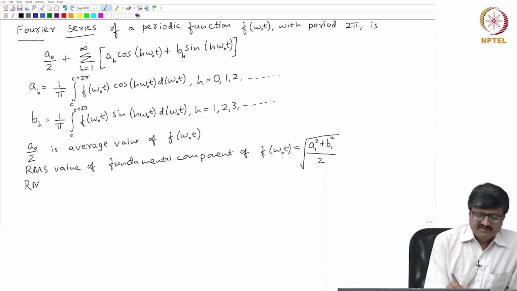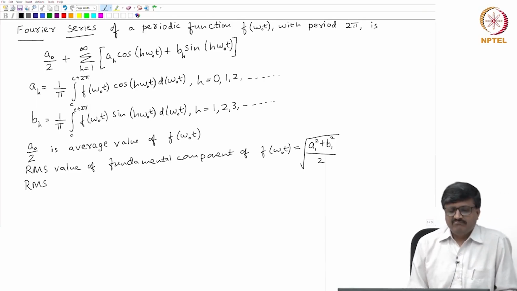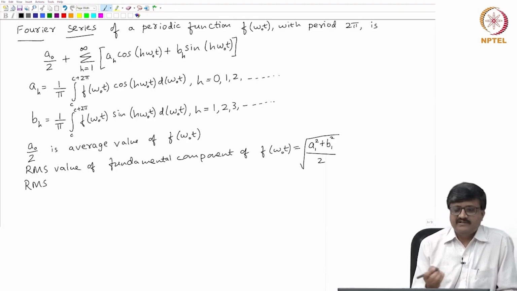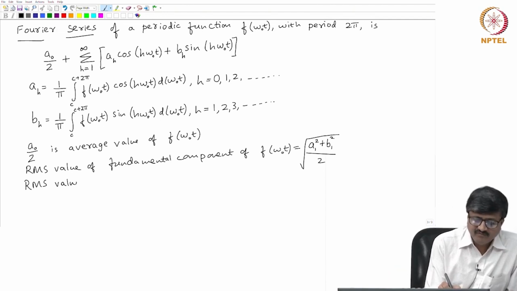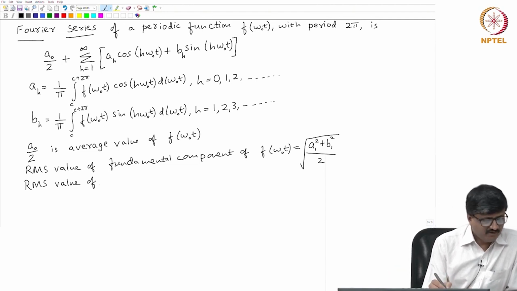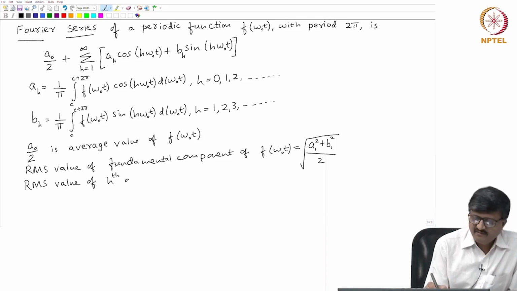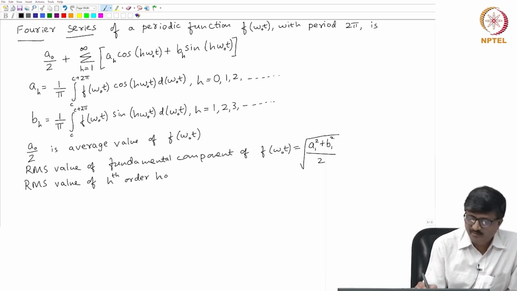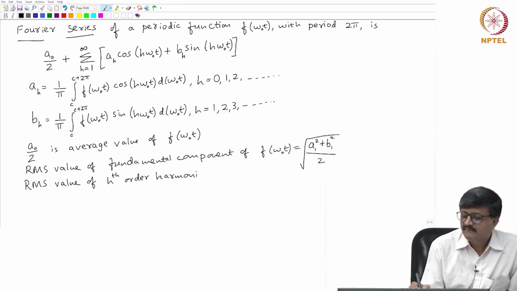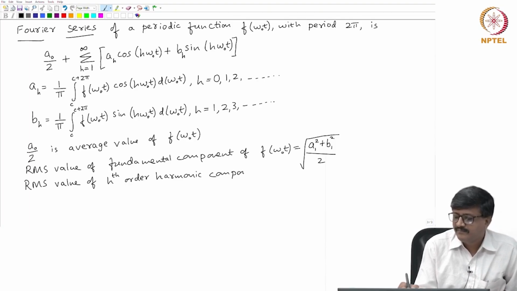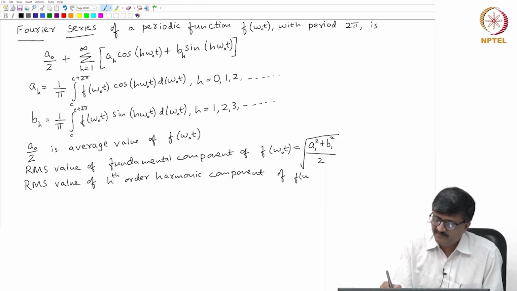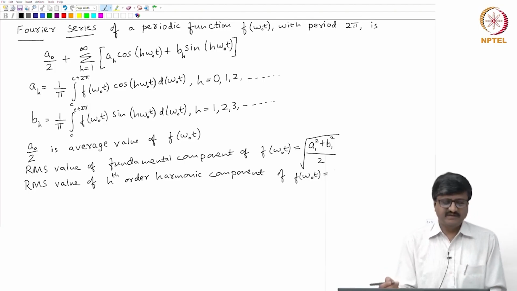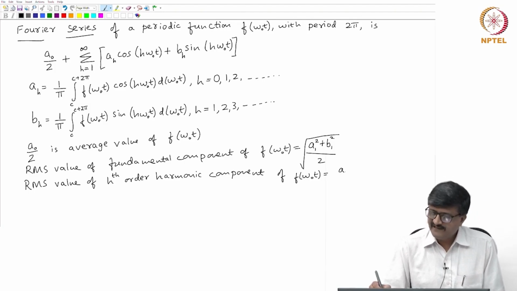Now, similar to the fundamental, I can get even the harmonic component, that is corresponding to h equal to 2, 3, 4, and so on. So, the RMS value of what is known as the hth order harmonic component of f of omega ot is similar to the fundamental, only thing is in place of A1 I have AH and in place of B1 I have BH.